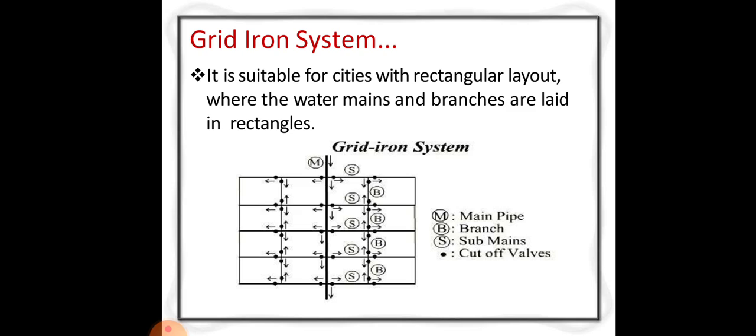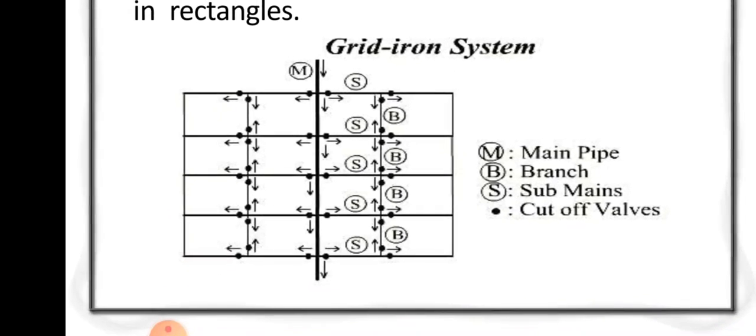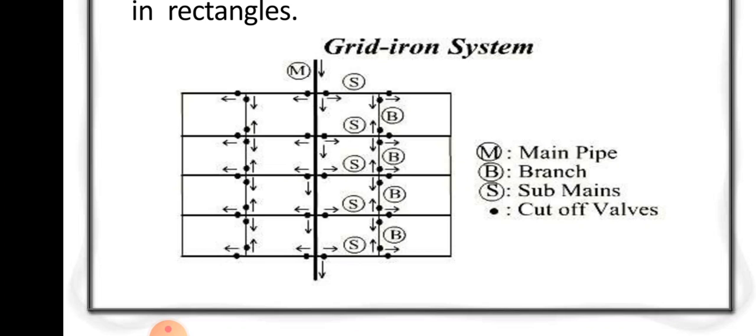As you see in the figure, the main supply pipe will run through the center of the rectangular area, and the submains will take off from it in perpendicular directions. And the branch lines interconnect all the submains.